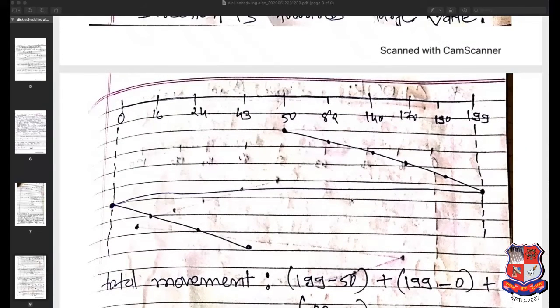Another option to find the total movement is from 50 to 82, large value minus small value.